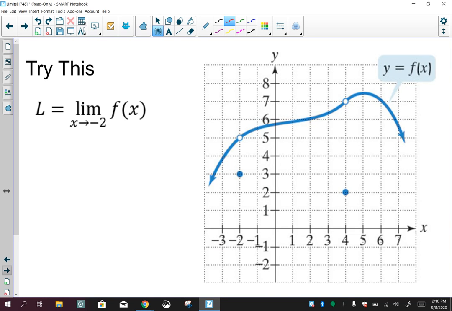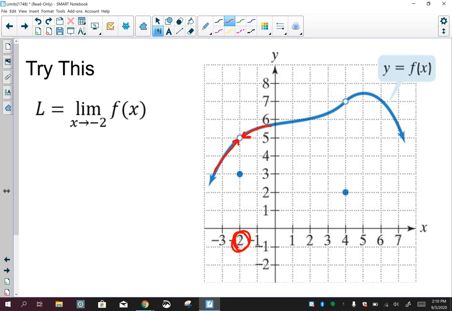So let's look at this one. I'm trying to figure out what the limit is as x approaches -2. So this is my value in question right here. I'm going to look at values from this side and from this side, and I'm going to notice I'm approaching the same number.